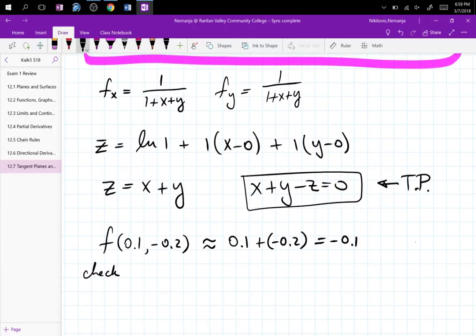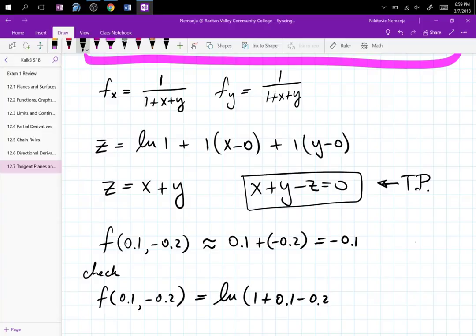Well, since we have a calculator, we can actually compute f at 0.1, negative 0.2, because that's just going to be ln of 1 plus 0.1 minus 0.2. So you are technically looking for ln of 0.9, and you can use your calculator to figure that value. So what is the ln of 0.9?